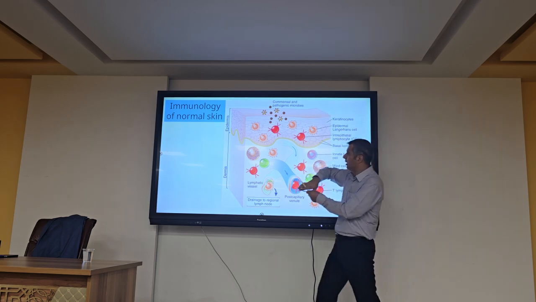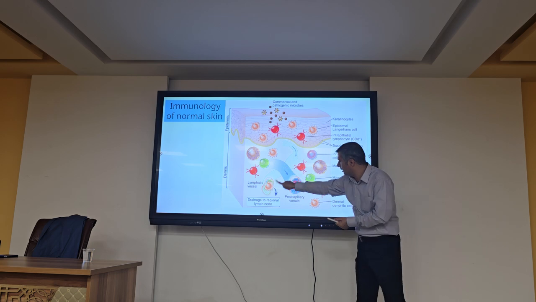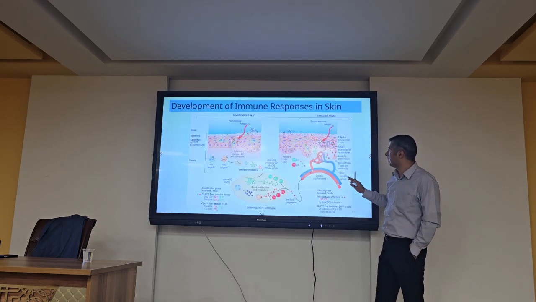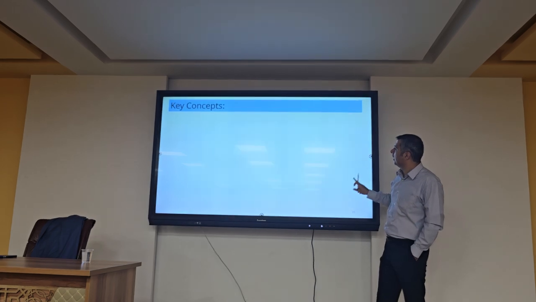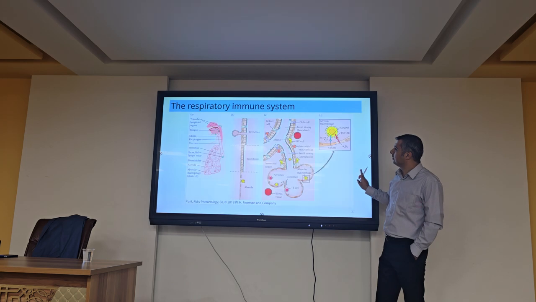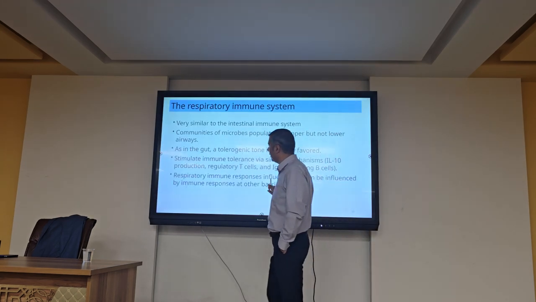You can see the three layers: epithelial layers, connective tissue layers, and draining lymph nodes. And we have a scattered immune system throughout the connective tissue. You can read them. That's it. I have nothing more.